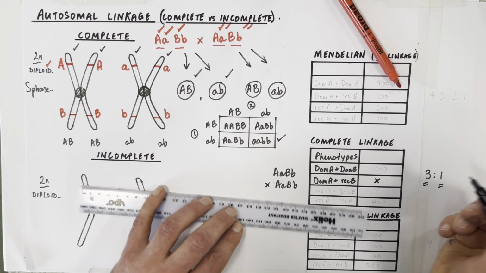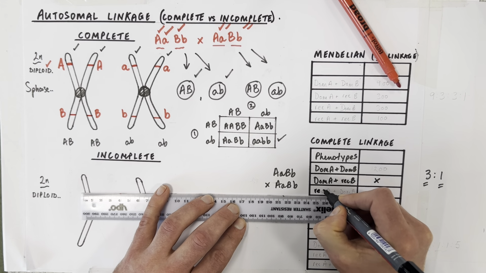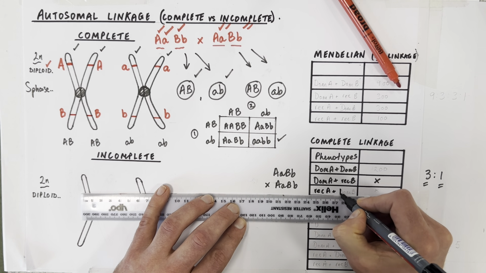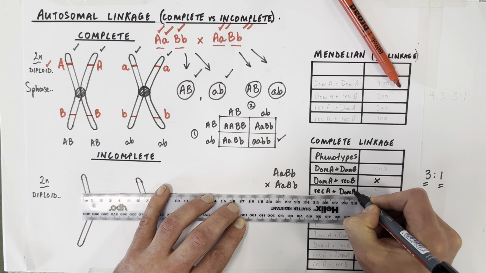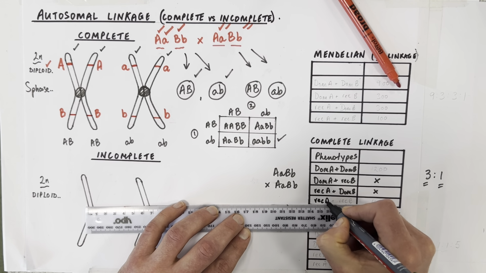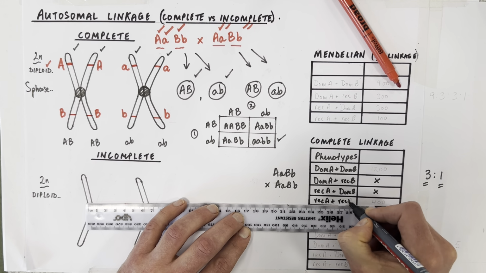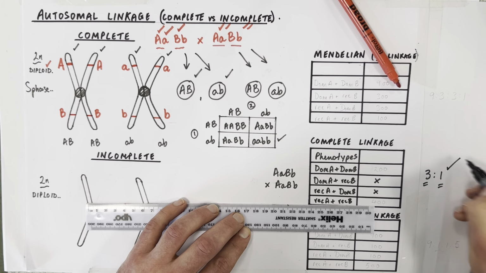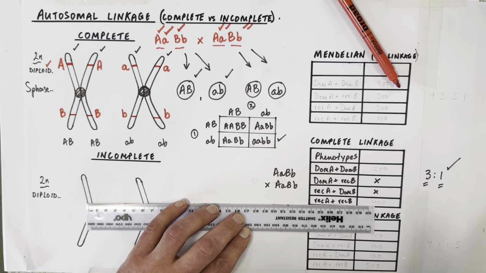Well, actually, no, there would not. Would there be any recessive A and dominant B phenotypes? Well, no, there wouldn't. Would there be the recessive A and the recessive B? Yes, there would, because we've just said that 1 of every 4 offspring would have that phenotype.